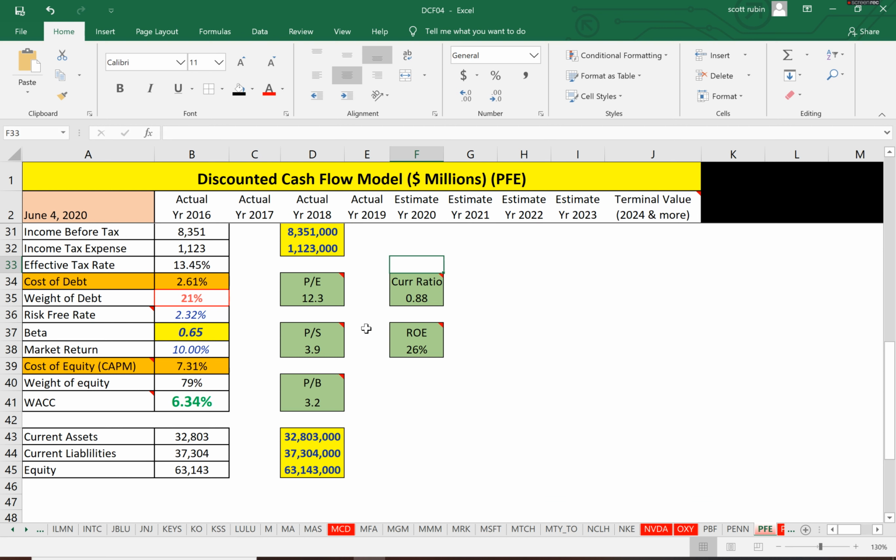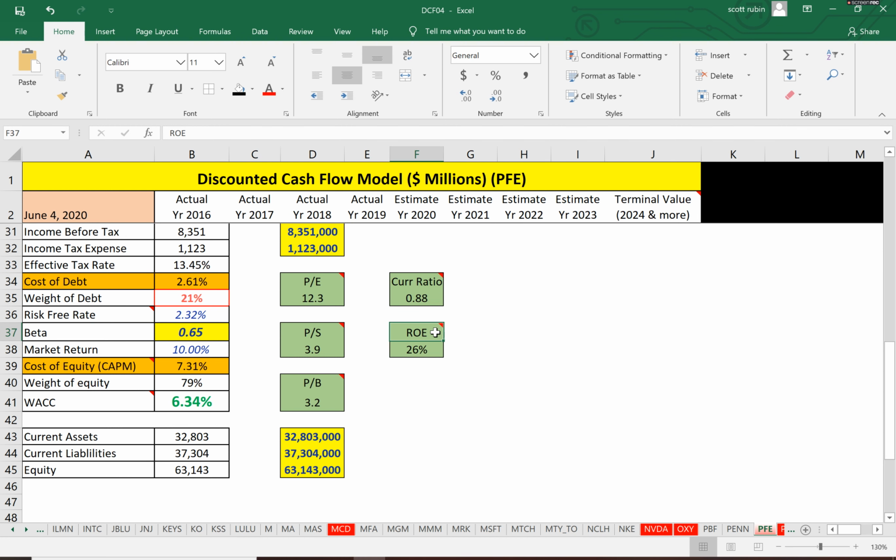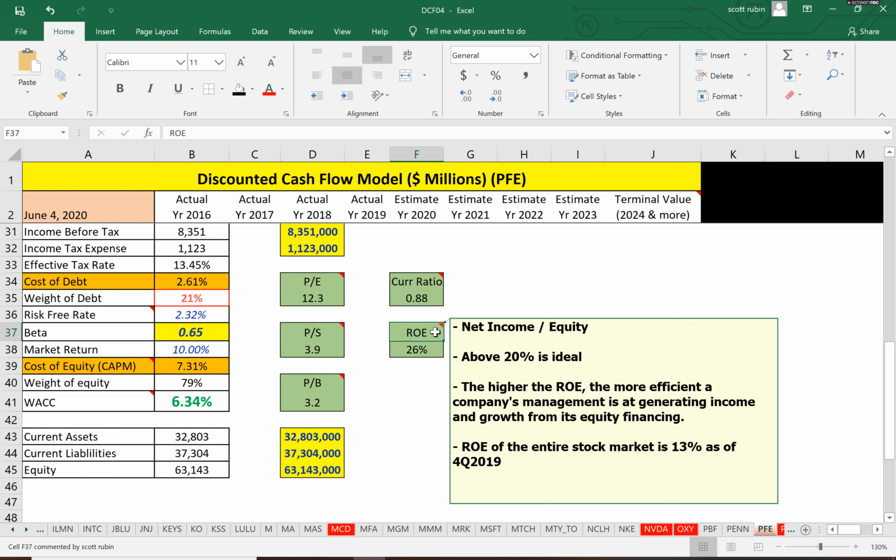And ROE is another good one. I like to see above 20% on ROE. That's just net income, which we input earlier, over equity, which is from the balance sheet. We generally want to see it higher, the better, because ROE means return on equity.